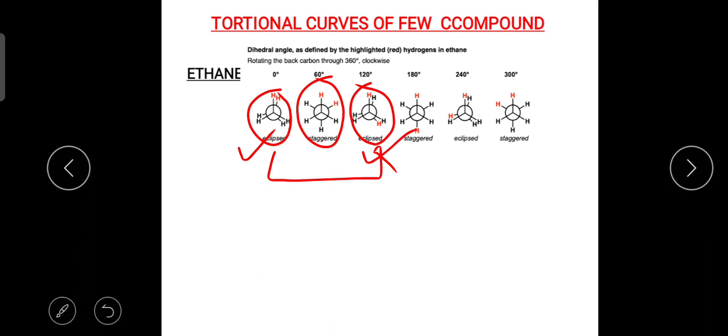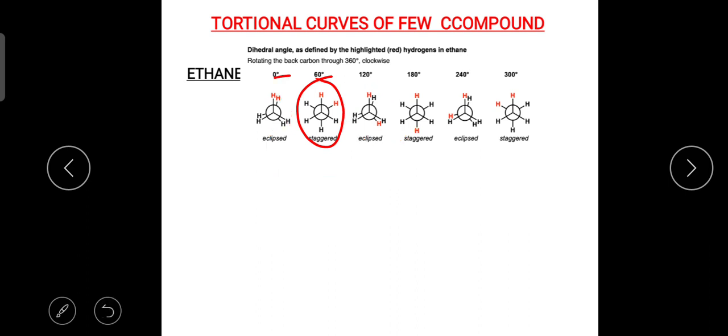In the energy profile diagram, the energy of the eclipsed form in the ethane molecule is greater than that of the staggered form due to steric hindrance. In the eclipsed form, as the two hydrogen atoms partially overlap with each other, there occurs some steric hindrance.